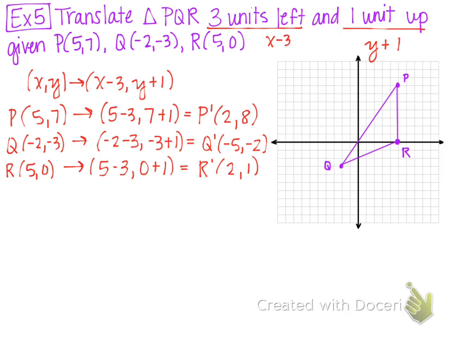Now let's graph our translated one. So this is after we've shifted it and moved it across our coordinate plane. So P prime is now at (2, 8). Oops. So that's P prime. Q prime is now at (-5, -2), and R prime is now at (2, 1).